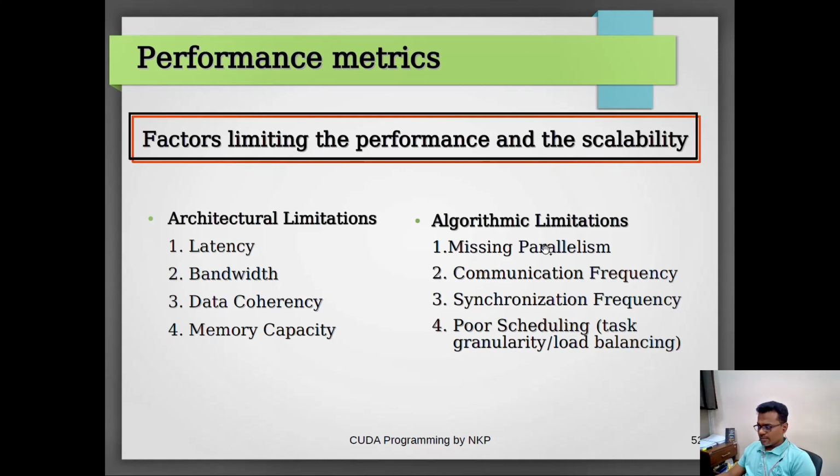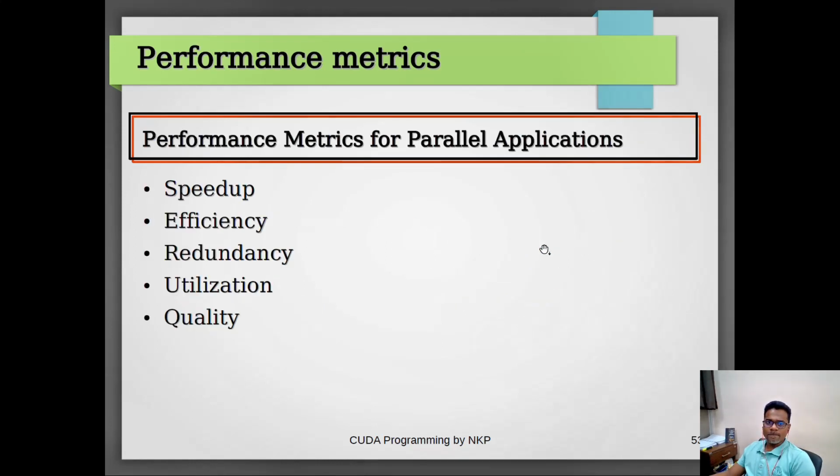Based on this, we now have some performance metrics, out of which we'll focus on only the first two, and later on we'll focus on the remaining metrics as per necessity.